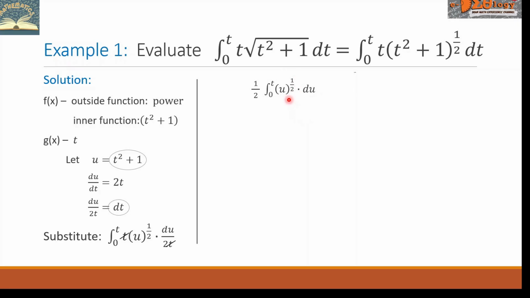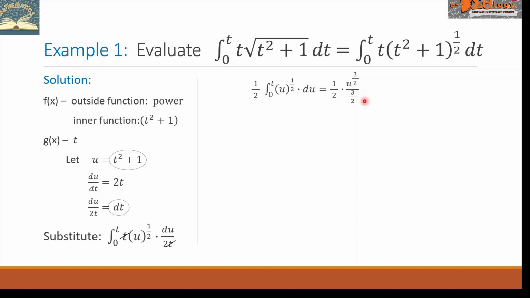From here, we can now apply the power rule. We have 1/2 times u raised to 3 over 2 all over 3 over 2. We don't write here the plus c. We simplify this 3 over 2 denominator.